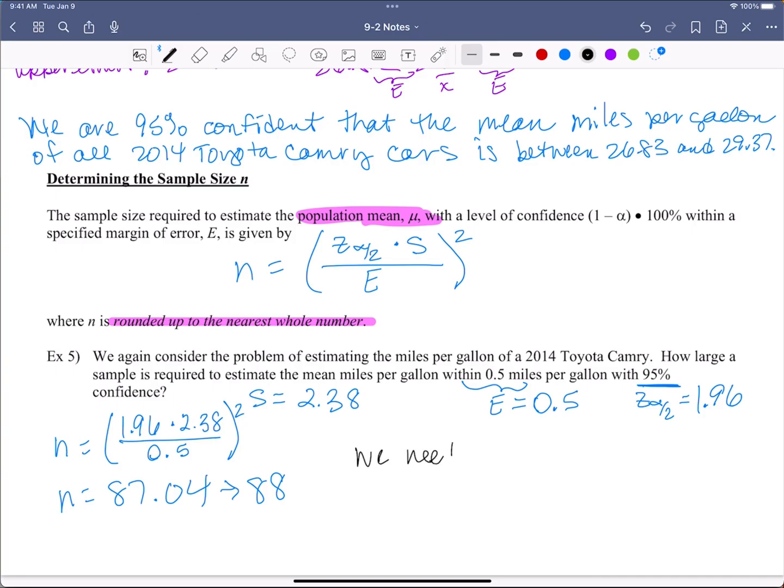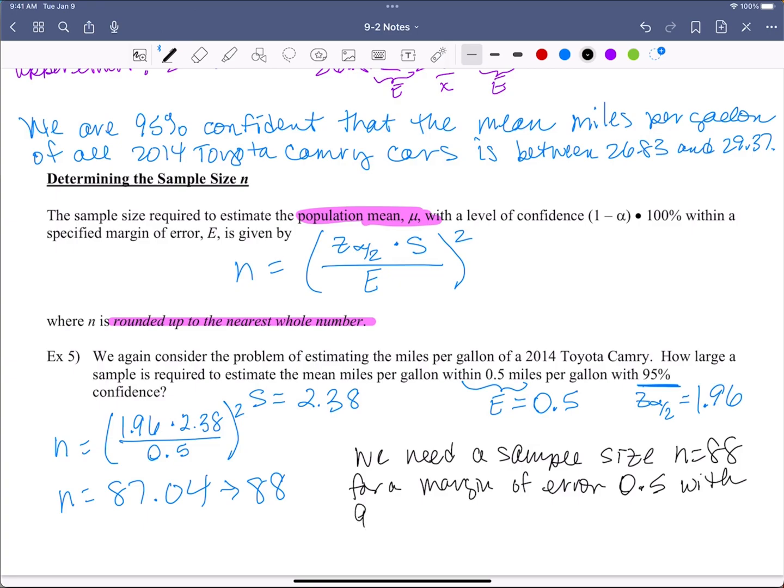We need a sample size n equals 88 for a margin of error of 0.5 with 95% confidence.